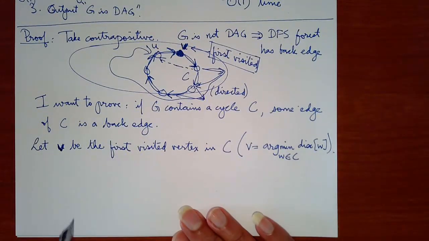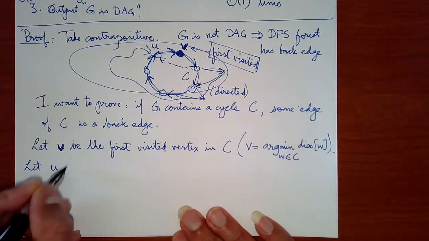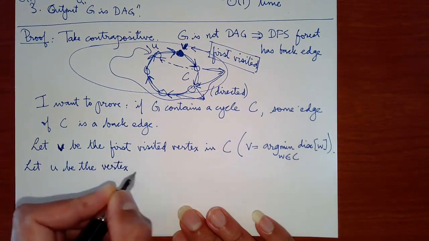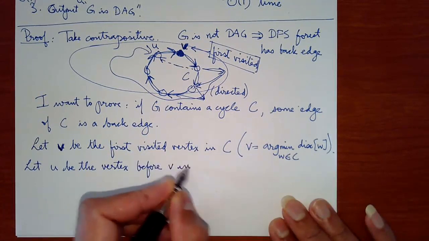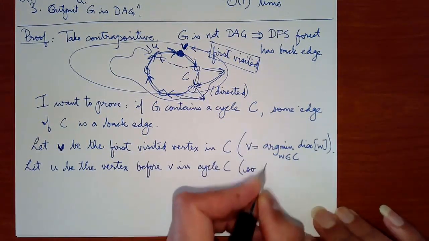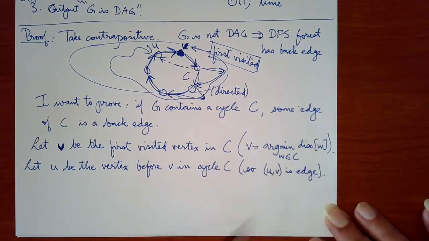So let V be the first visited vertex in C. Let U be the vertex before V in the cycle C. So UV is an edge.